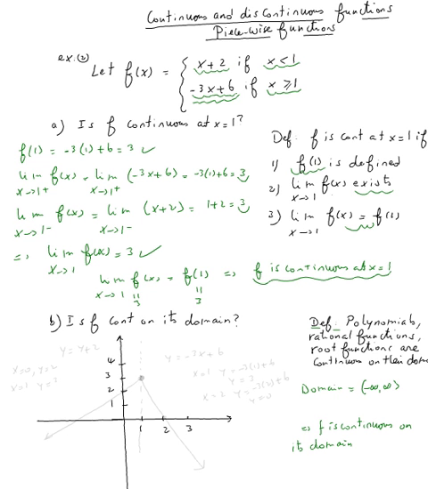Let's just graph it so you can see how it looks. On the left of 1 we need to graph y equal x plus 2. How do we graph that? That's a line, and all we need is 2 points. Let's pick an easy one. When x is equal 0, y equal 2.